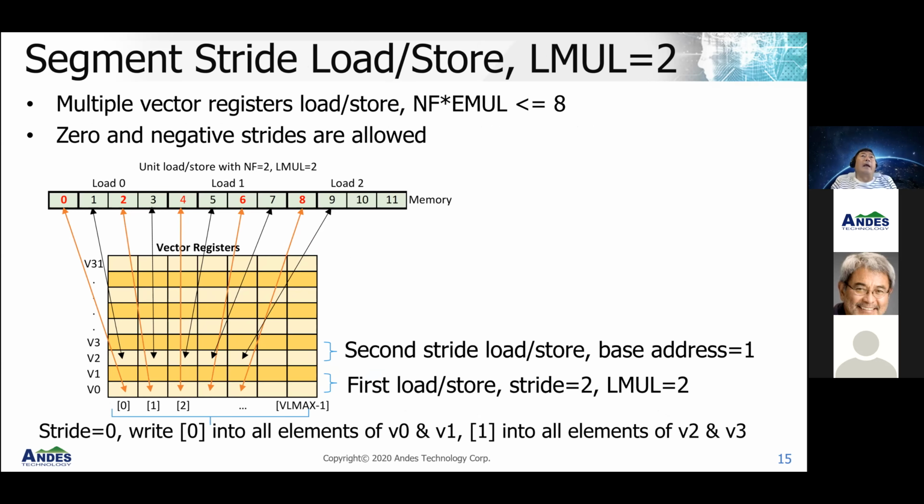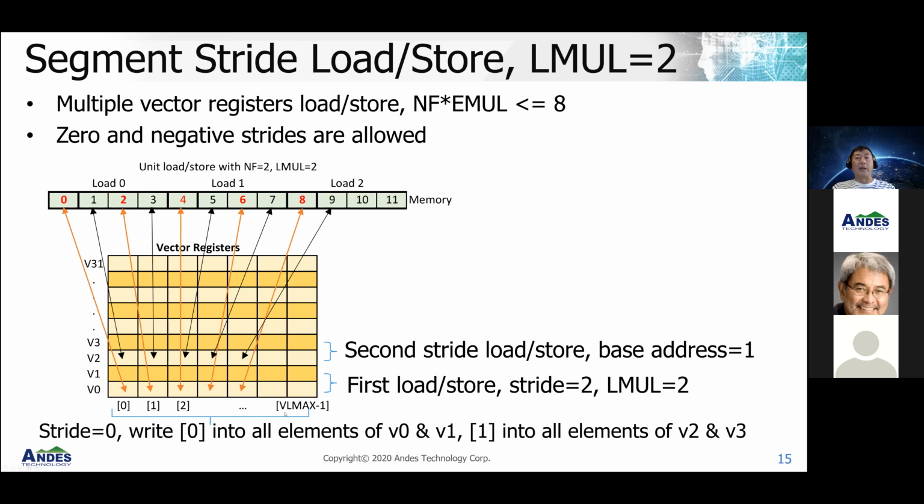Right? And now we look at LMUL equal to 2, okay? Remember, with LMUL equal to 2, you only have 16 vector registers. So V0 and V2 are the valid vector registers. When you do the stride, it's supposed to go from 0 to 2, and then 0 to 2. So it's basically 0, 1, 2, 3, 4.